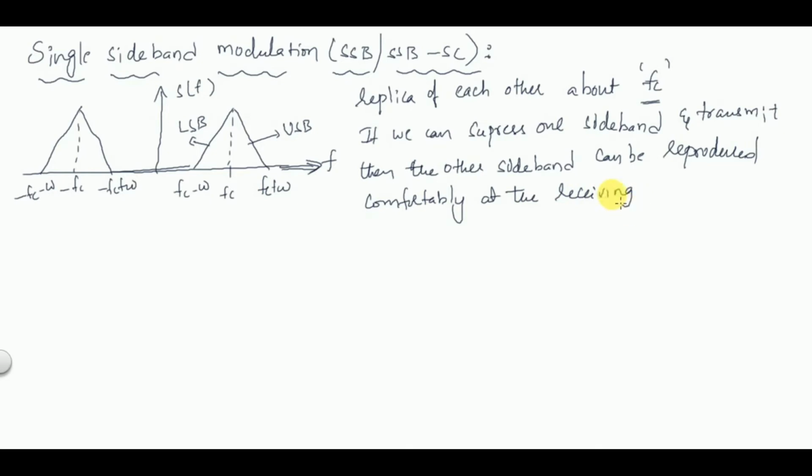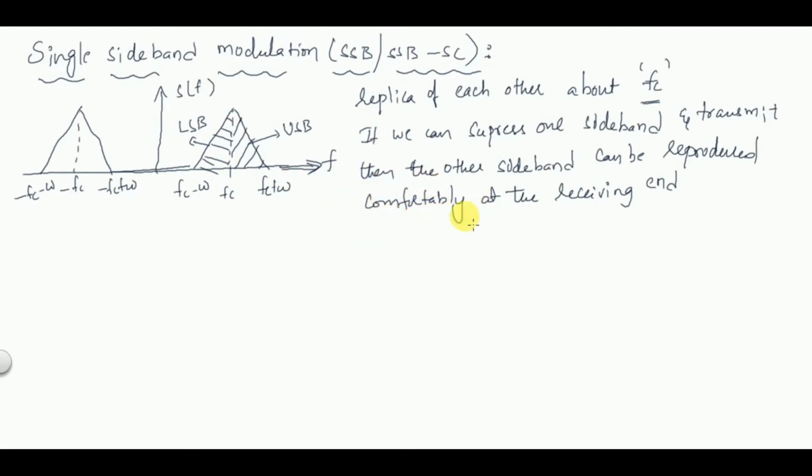We can transmit only the upper sideband, or we can transmit only the lower sideband. If we suppress one of the sidebands and transmit, the other can be easily reproduced at the receiving end. It is just a reproduction: we can take the mirror image and easily reproduce the other.